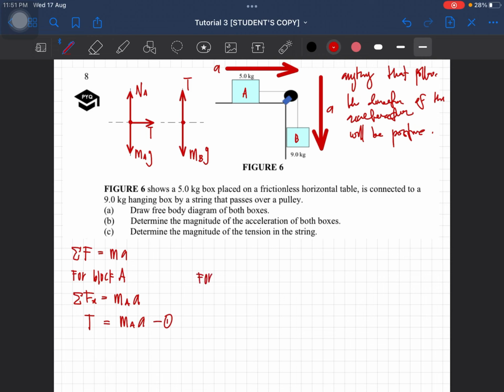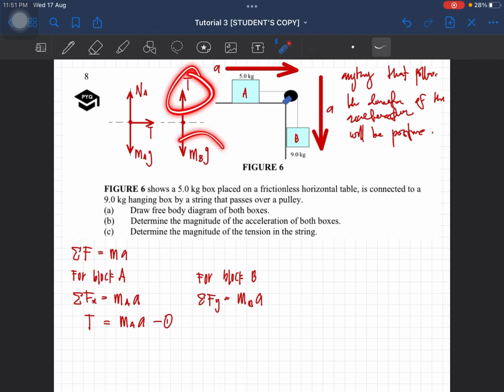Now for block B, it only has the y component. Don't go and do the x component again, because it only exists for the y component. So total force in y is equal to mBa. Again, anything that follows the direction of acceleration is positive.